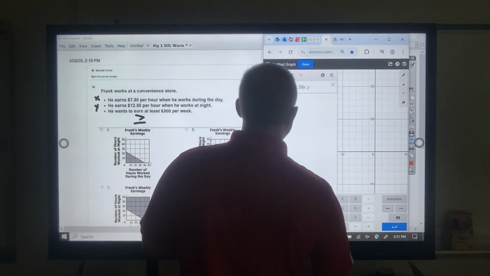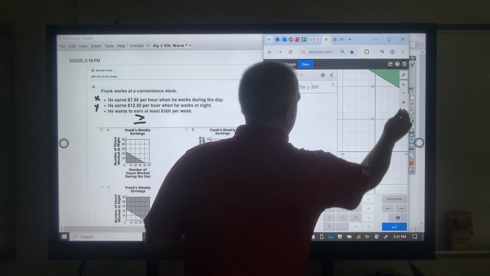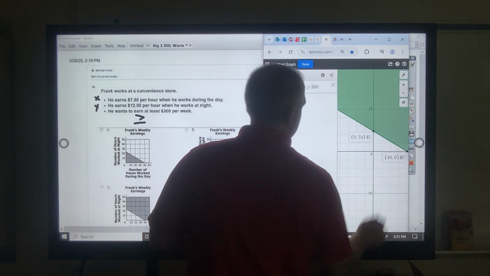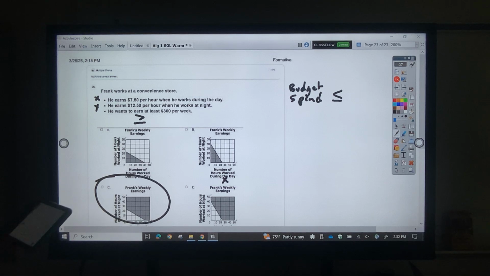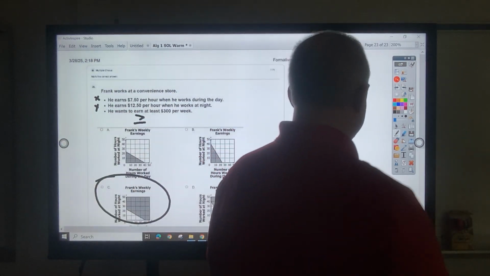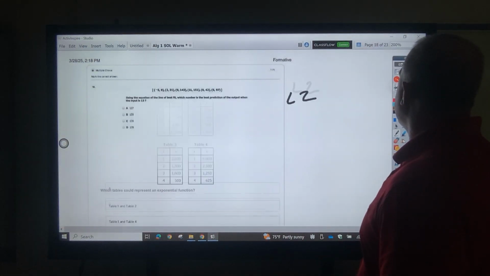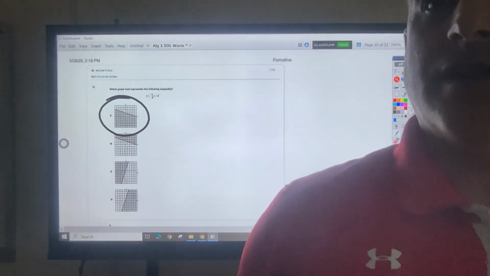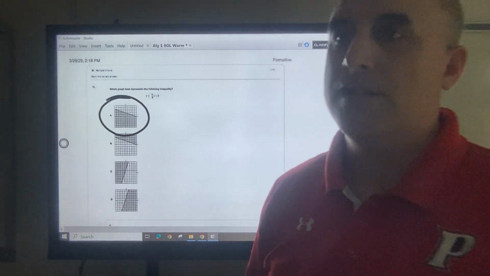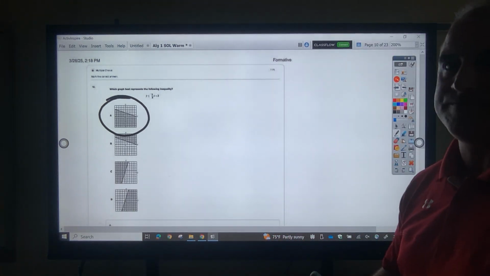We want to make greater than or equal to 300. Okay, and I zoom out. 24 and 40, look where that's shaded. It's going to be that one. Okay, that's how we started on that.